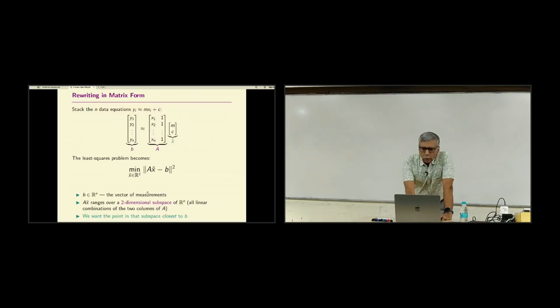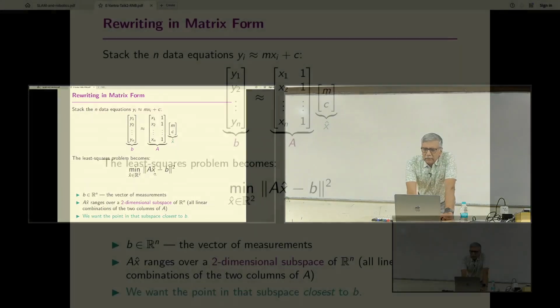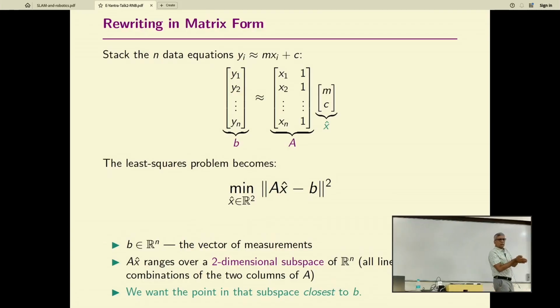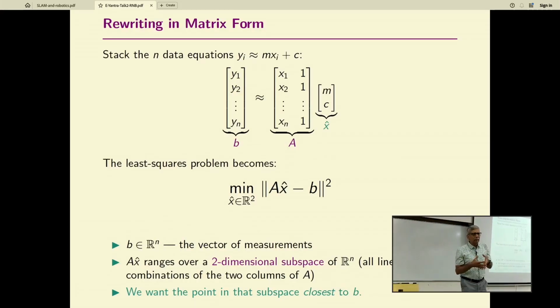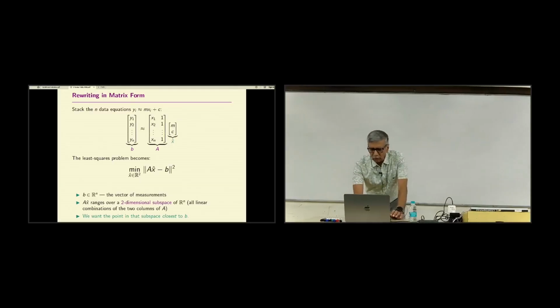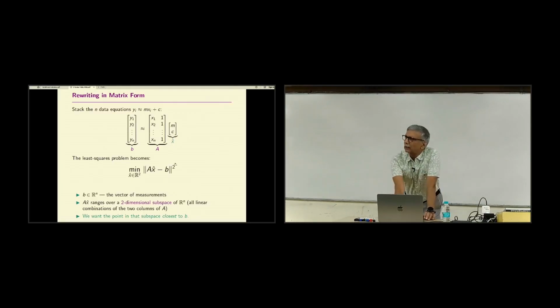I want to find that x hat so that A times x hat is as close to B as possible. And since it's a column vector, when I say proximity, I need to get some scalar into the picture. That's the norm. I need something which indicates the size of the proximity, which in this case is the Euclidean norm. All right.